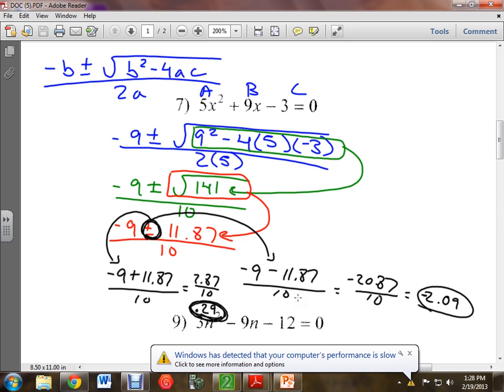So again, the way that I did that is I calculated the top of each fraction, and then I divided those answers by 10. We have broken this down into each step. You plug in everything. You calculate the inside of the square root. You calculate what the square root actually is. Then you add and subtract to get those two answers.